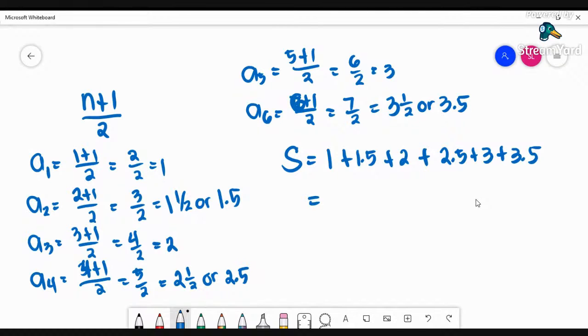And so the associated series will be 13.5. So 13.5 came from the sum of all the values in our sequence. So 1 plus 1.5 plus 2 plus 2.5 plus 3 plus 3.5.